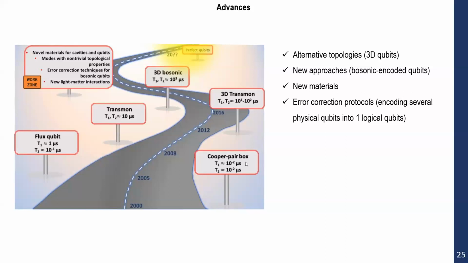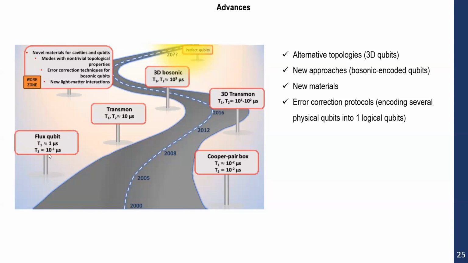It uses the so-called blockade effect. When you put one electron on an island, you cannot bring another electron because they will repulse, and the second electron will repulse the first one from the island. But still, it was the first type of superconducting qubit.